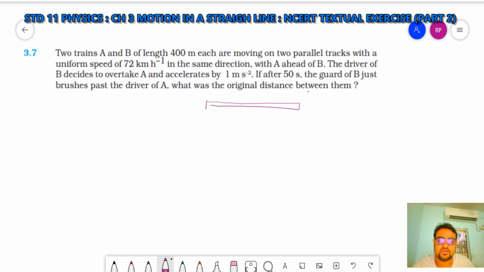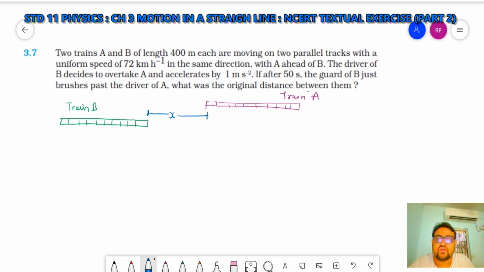Let's take this as train A, and both are in the same direction. Let's write down this as train B. Here the distance between these two trains is x.